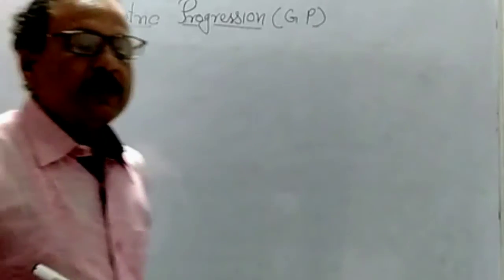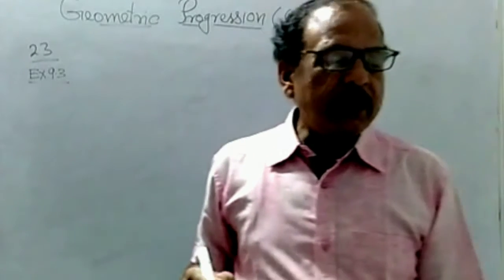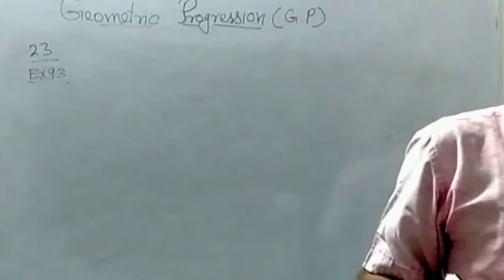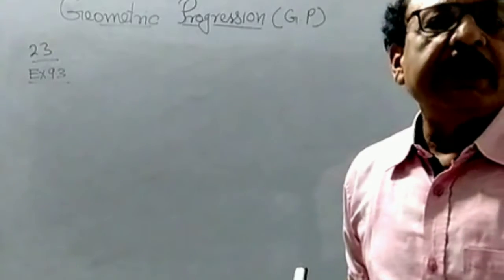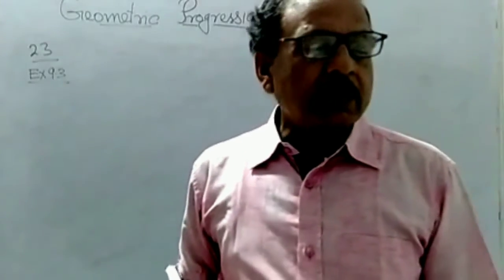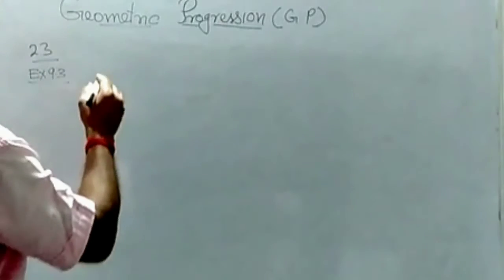Next question is 23. In this question it is given: if the first term and the nth term of a GP are A and B respectively.